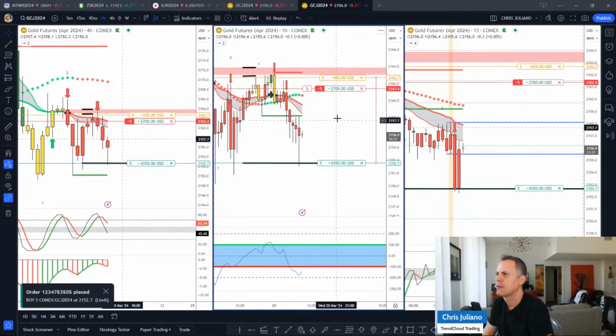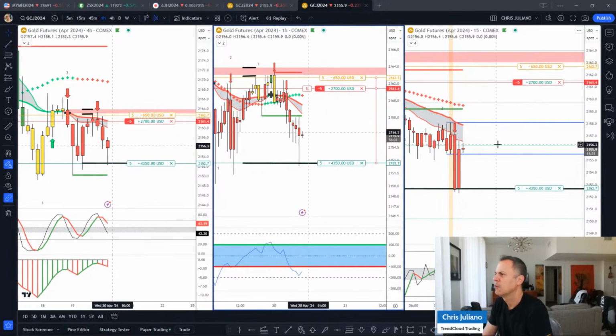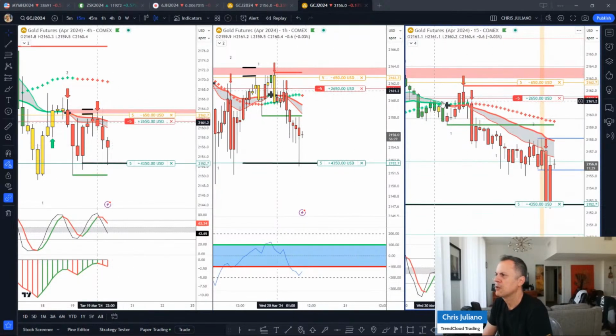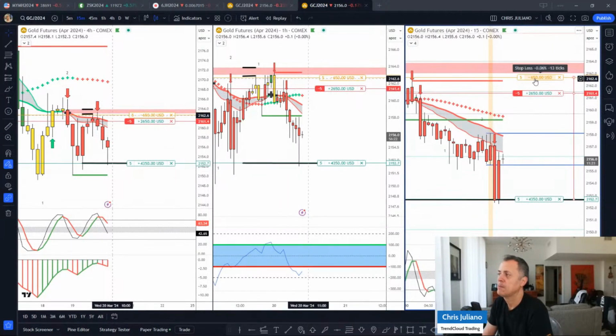It ended up being around a $650 risk because we took a couple of shots at this to scale into the trade, and on a $20,000 account, that's still not ridiculous. That's what, 3.5% or so, right?